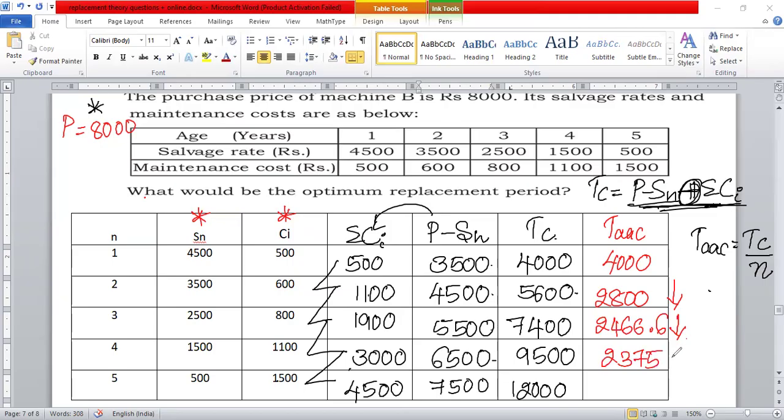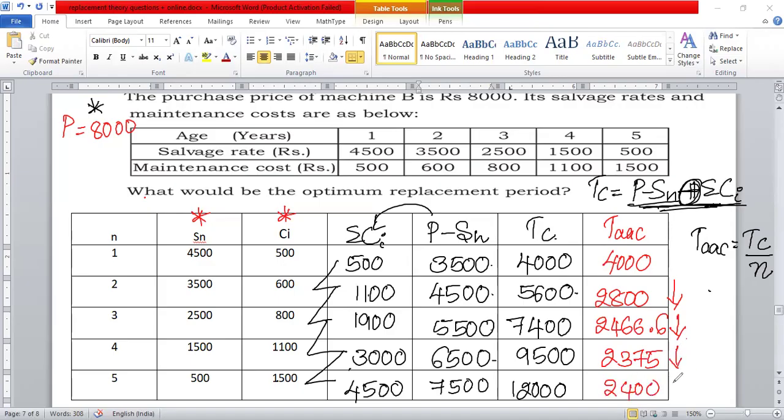Oh, sorry. No. 2,375 is decreasing only. Sorry. 2,375 decreases. Last one, 12,000 divided by 5, so 2,400. Yes.